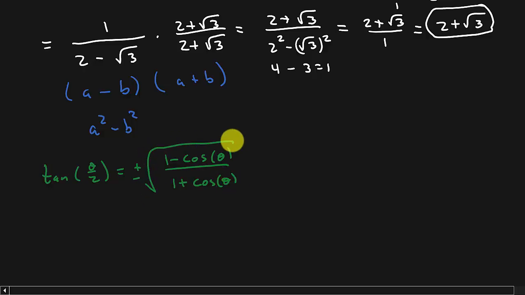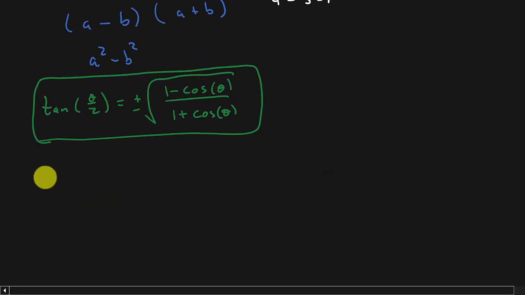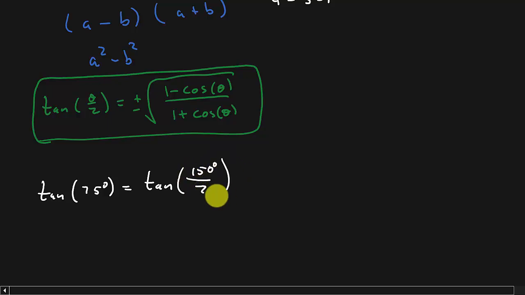So let's use that one now. So same thing here. Tangent of 75 degrees is tangent of 150 over 2.